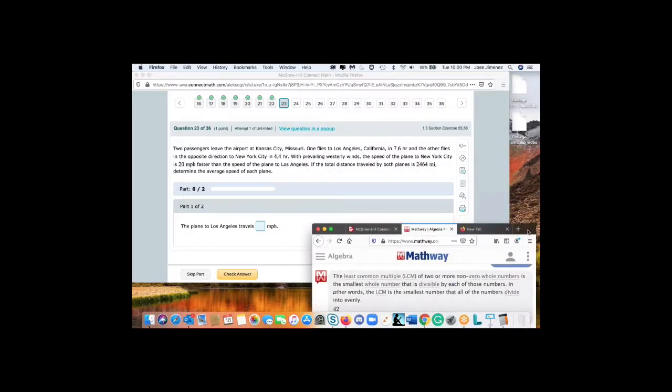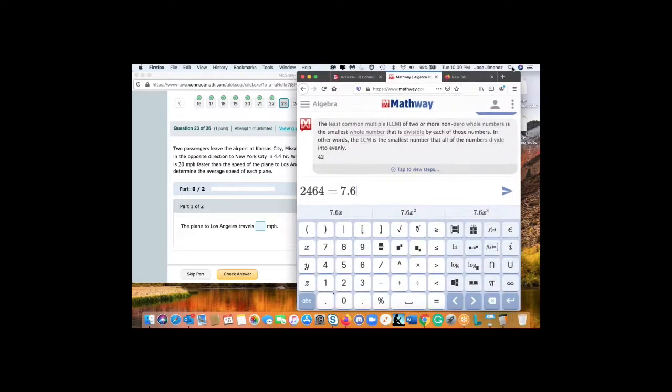And then the other flies in the opposite direction in 4.4 hours. With prevailing westerly winds, the speed of the plane to New York is faster. So here we don't know anything about the first one, so we say x.